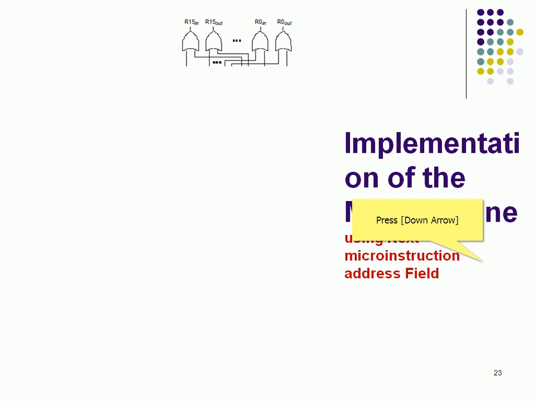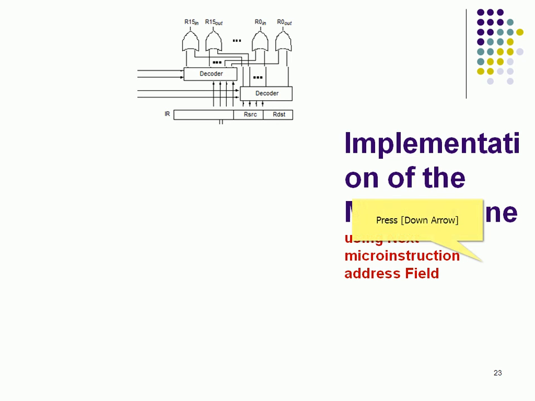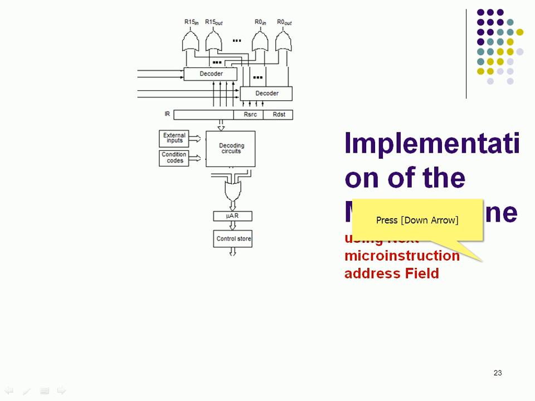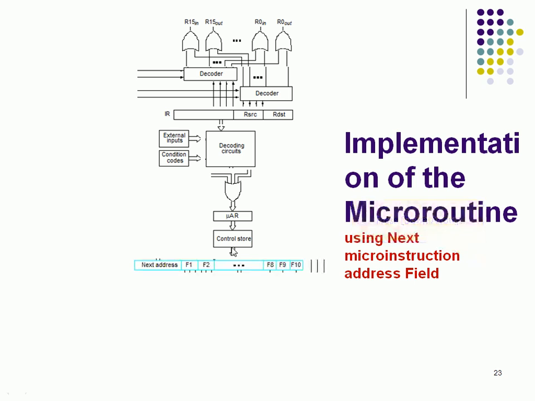Let me show R0 to R15, those registers will be here. The decoder will be there, and we have IR, that is R source and R destination, register source and register destination, external inputs, condition codes, and decoding circuits. That is going to generate the micro AR, the address register, and go to the ControlStore.